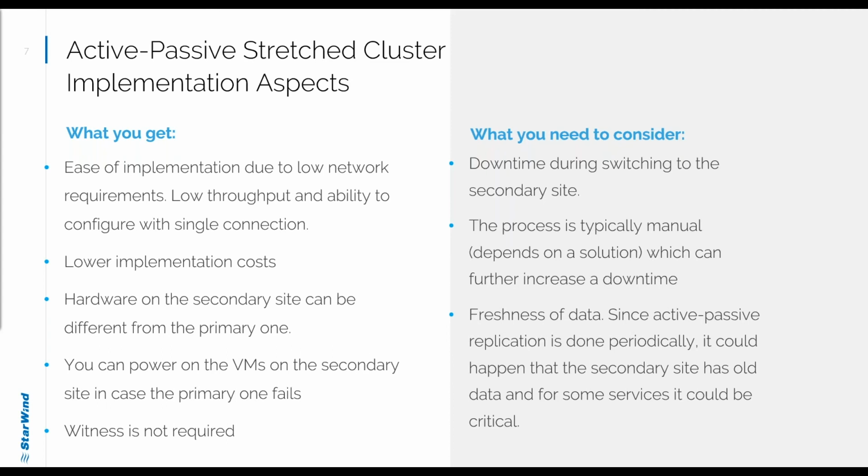So to put this simply, yes, active-passive replication has much lower network requirements. However, you need to take into account how many changes you are making to your data and what the bandwidth between the sites is. So, for example, you make the initial seeding of 10 gigabytes from the primary to the secondary site.